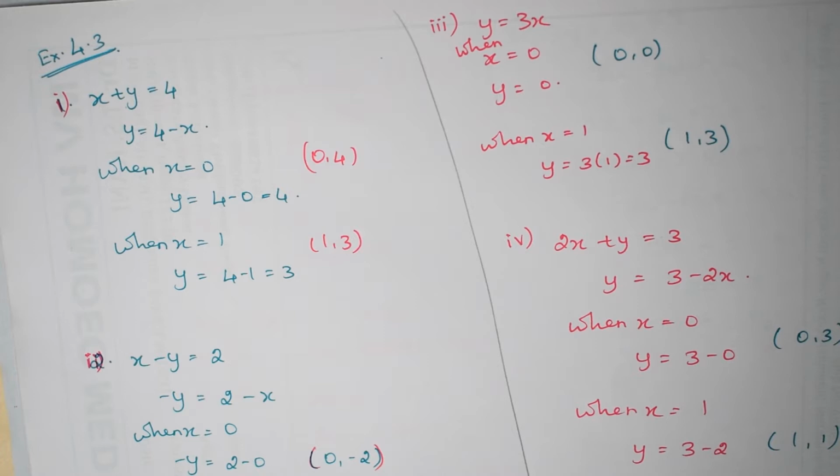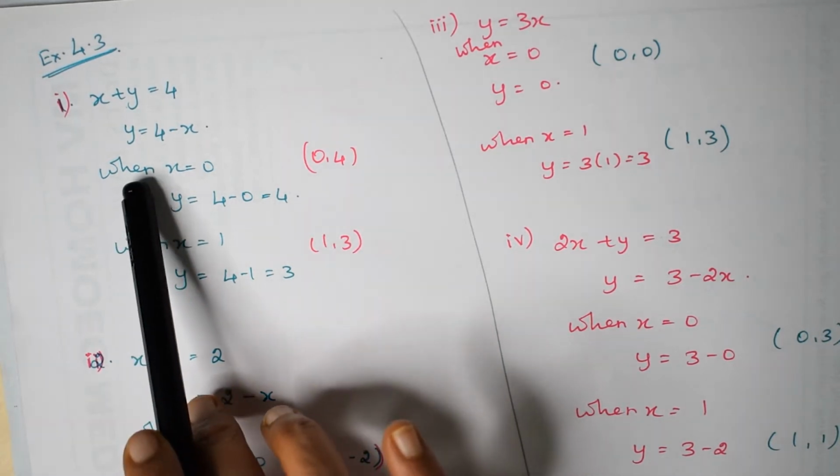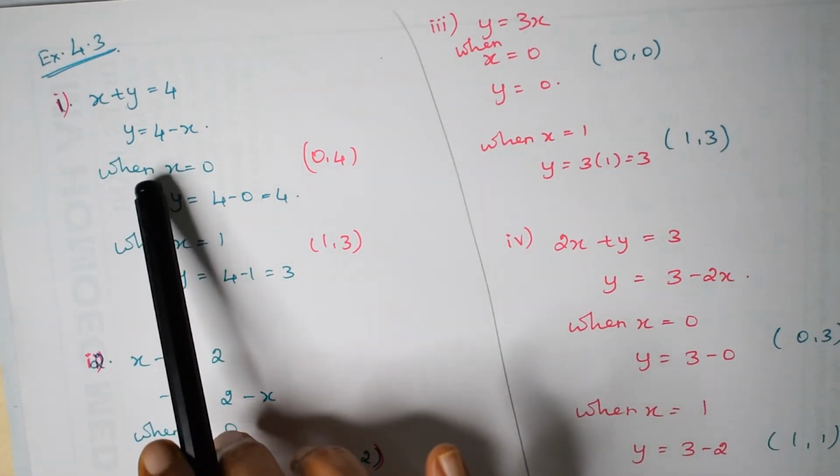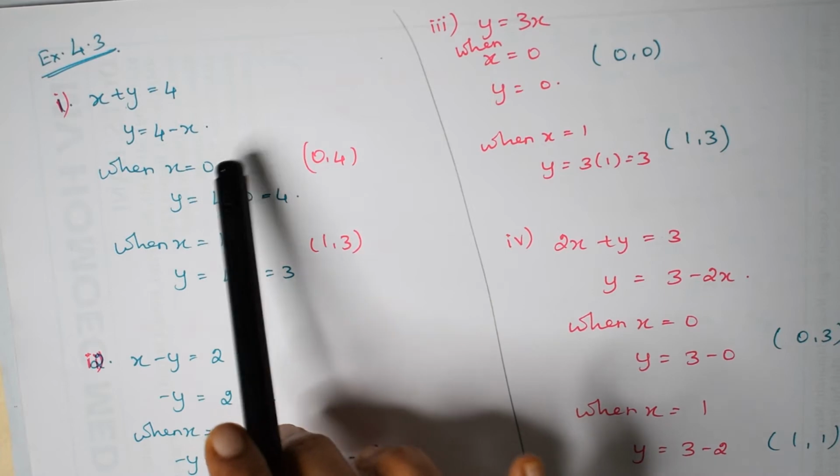Here the first equation is x plus y is equal to 4. I said we have to find equivalent values of y, right? So first I am separating y alone on the left hand side, and bringing all the other numbers to the right hand side. So the equation becomes y is equal to 4 minus x.